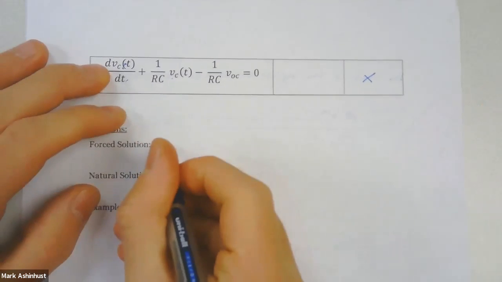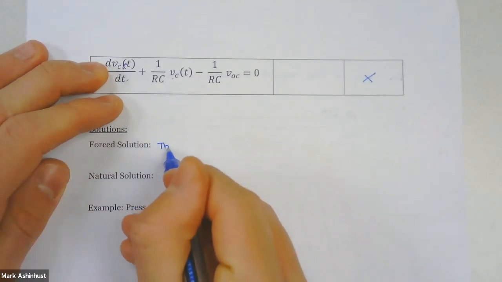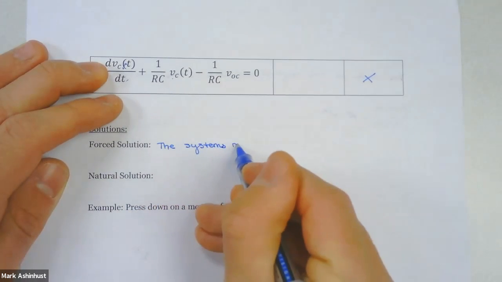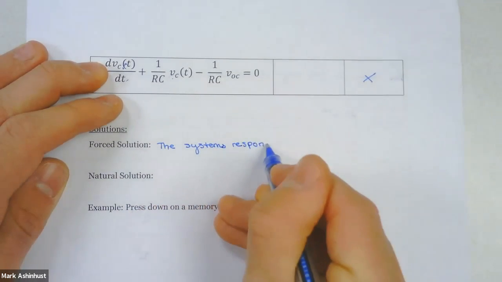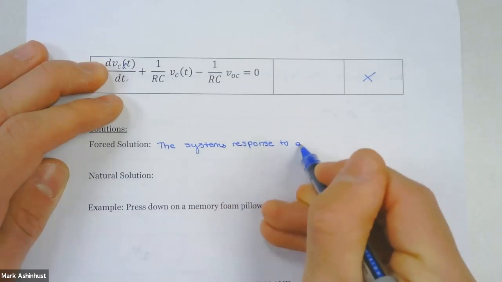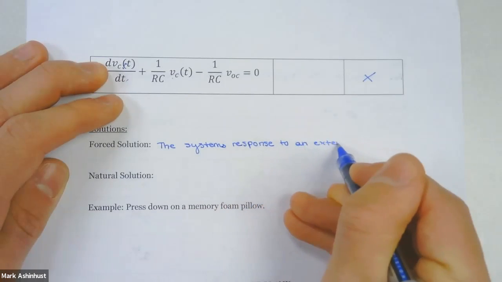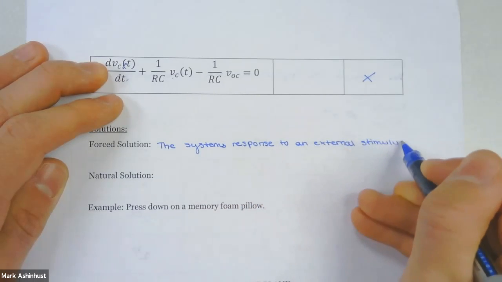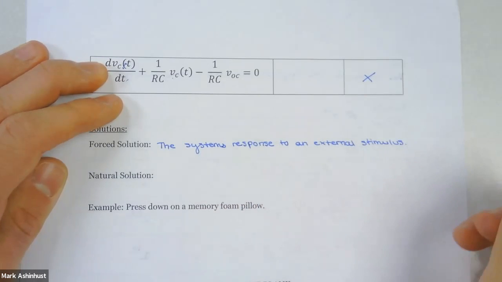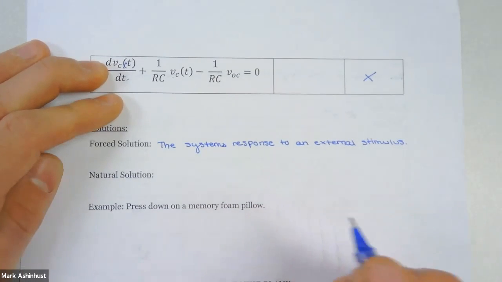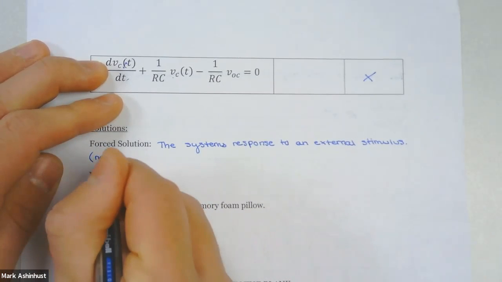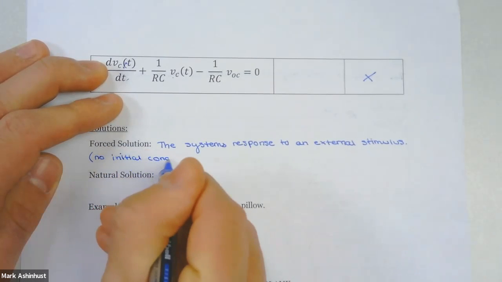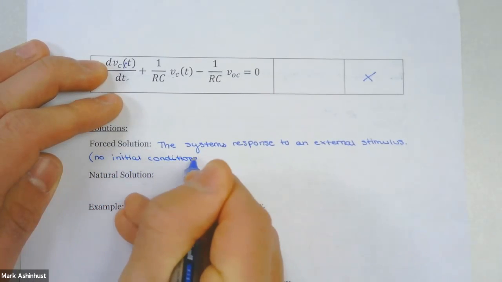So the forced solution is basically the system's response to an external stimulus. An external stimulus is just some external event, something else that happens. An important thing here is that it has no initial conditions. That's one of the important parts of the forced solution.